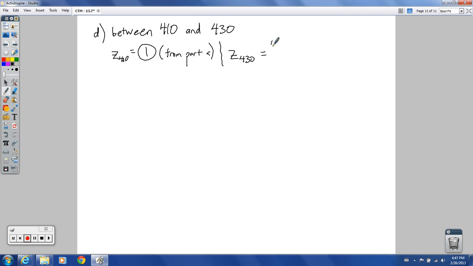So for 430, data value minus mean value, 430 minus 380, over standard deviation, which is 30. We have 50 over 30. That's 1 2/3. Rounded off, approximately equal to 1.67. So that is what we're going to use for that z-score. So between there and there, let's draw another graph.